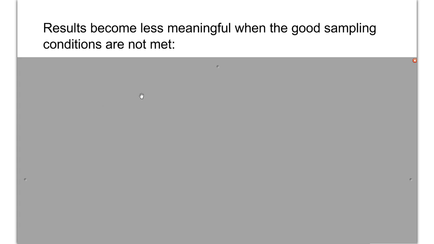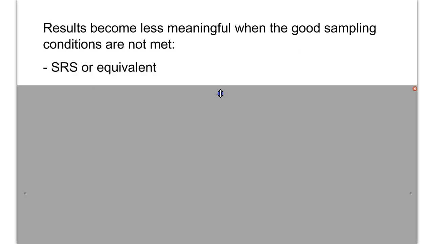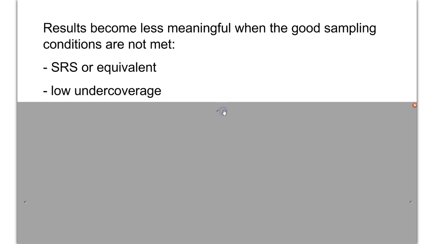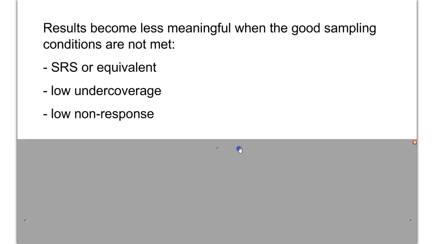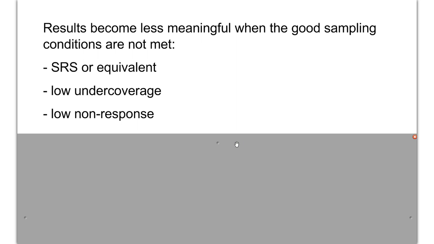Results become less meaningful when we don't meet our conditions. So having a confidence interval of 99% does not mean that you are truly 99% confident if you don't have a simple random sample or something equivalent. If you have too much undercoverage or if you have too much non-response.